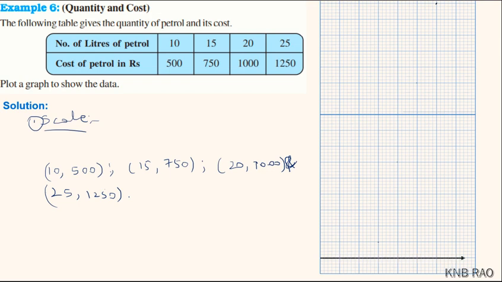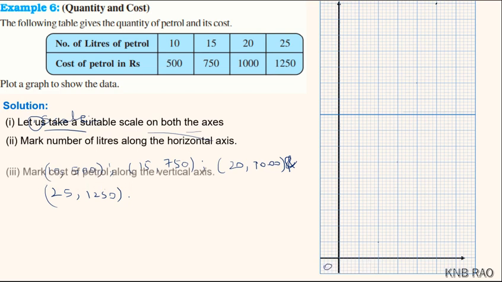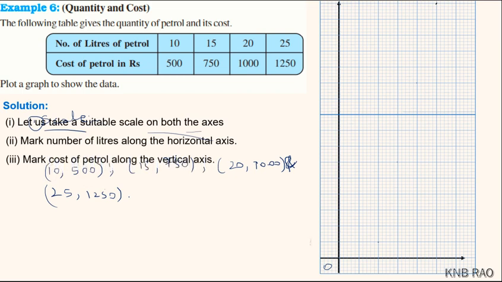So here I took a horizontal axis, a vertical axis, and later children, here I need a suitable scale on both the axes. What would be the suitable scale on both the axes? That depends on marking the number of, for example, if I take this as 0, mark the cost of petrol.